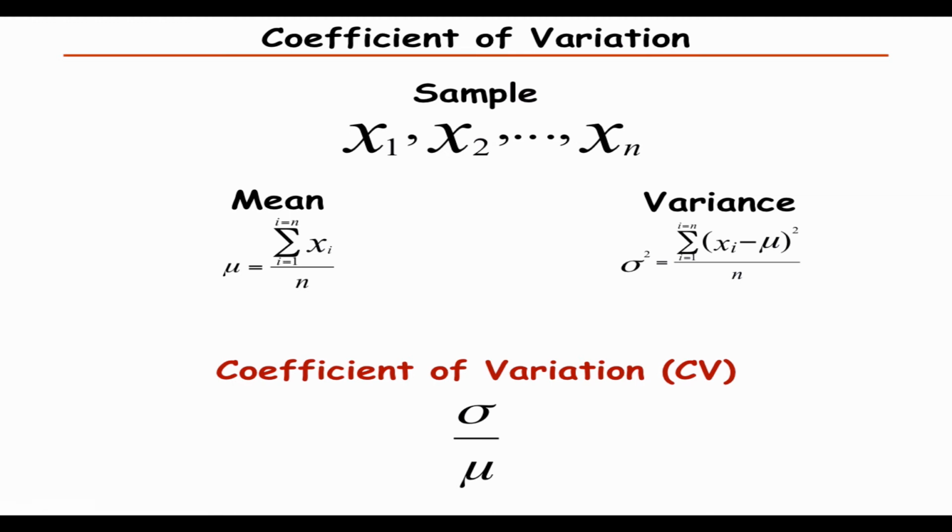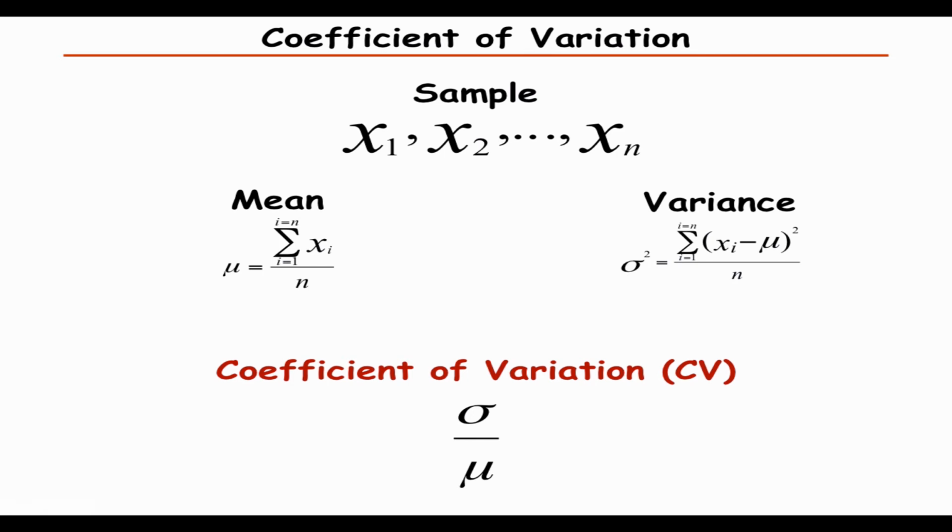So far we have looked at when the variance is constant. But in a lot of measurements that you do, it's not the variance that is constant, but the variance divided by the mean.